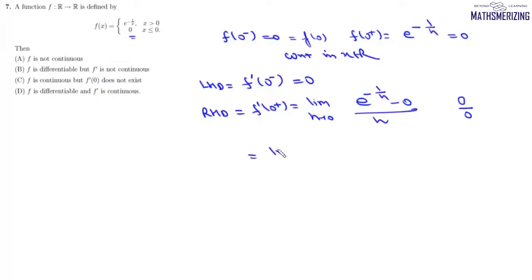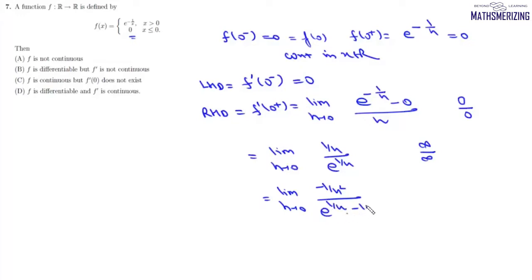Now we can write this as limit h tends to 0, 1 upon h upon e to the power 1 upon h, which now is infinity upon infinity form. If we use L'Hopital's rule, we can write limit h tends to 0, now this is minus 1 upon h square upon e to the power 1 upon h into minus 1 upon h square. So we'll cancel.